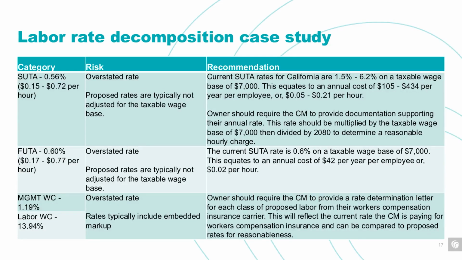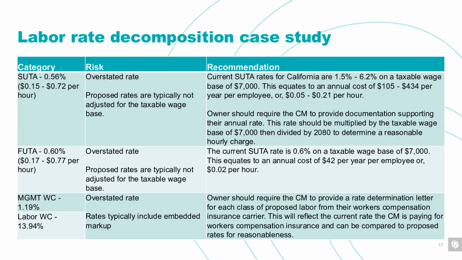So SUTA and FUTA, these are often rates that we typically see overstated. Many times what we particularly see is these rates are often not adjusted for the annual caps. In this particular instance, this project was one that was being done in California.